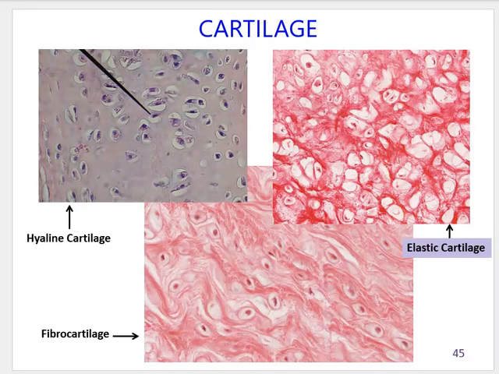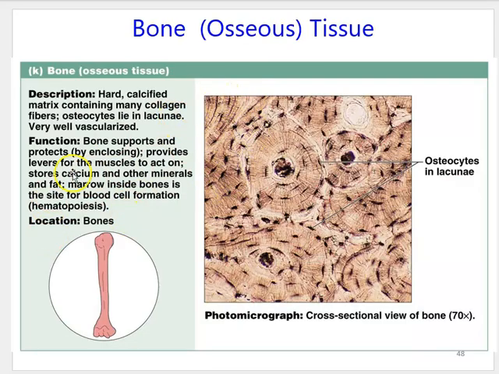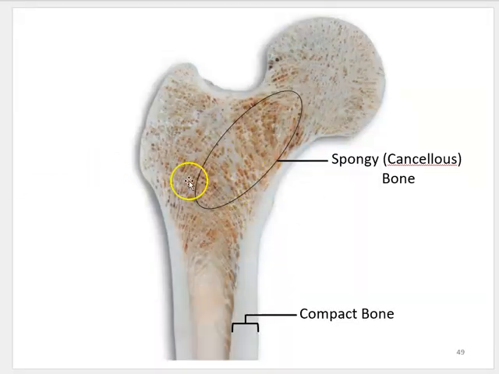So that's cartilage. For bone, we have compact, well, let's look here. This is a cross-section through a femur where we have compact bone on the outside and spongy bone on the inside, and the shaft of the bone is actually hollow with a space for yellow or fatty marrow, and the red marrow, where blood cells are made, would be floating in between the little bone bits in this spongy bone.